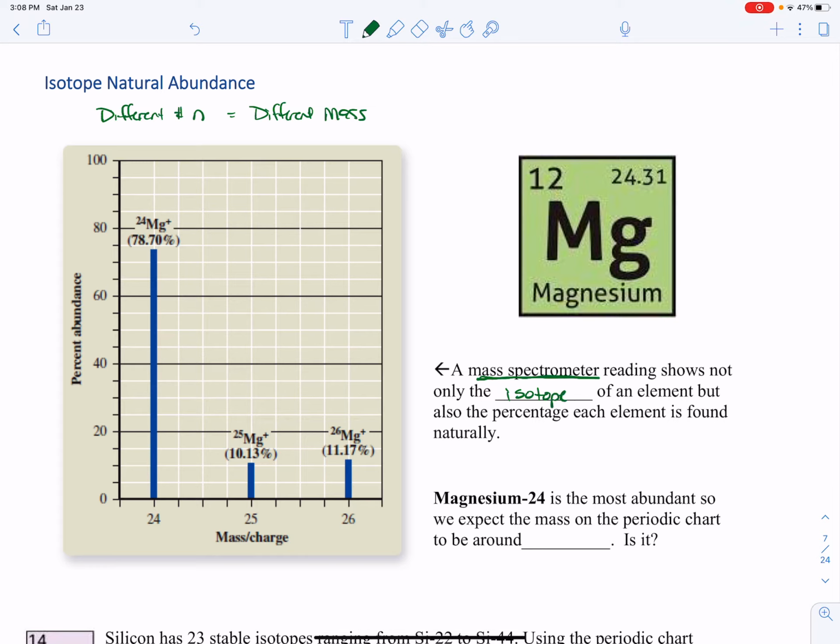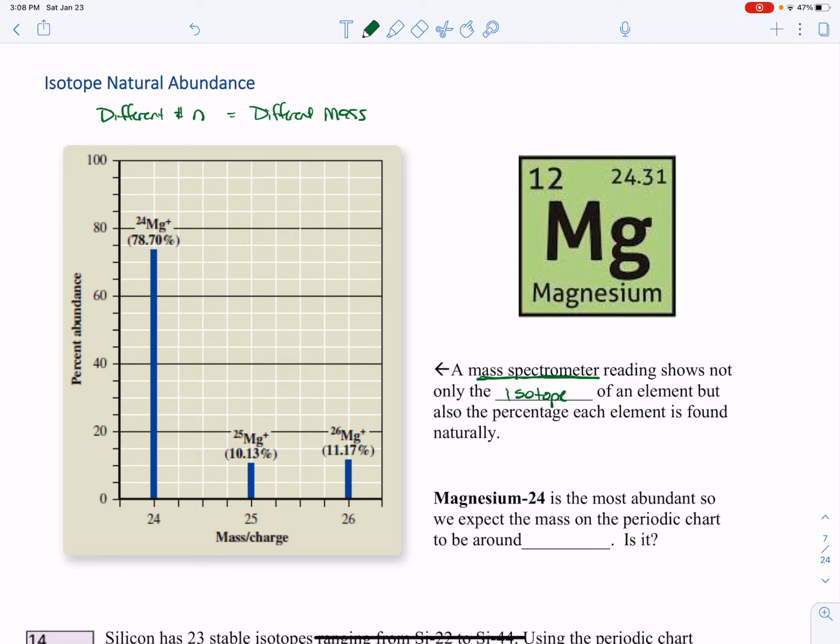So if you were to take a sample of magnesium from somewhere in the Smoky Mountains, or go to China, or go to all these different places and get samples of pure magnesium, the thing about isotopes is that wherever you get them from, they always come in the same ratios of isotopes.